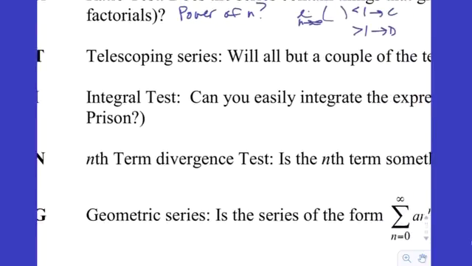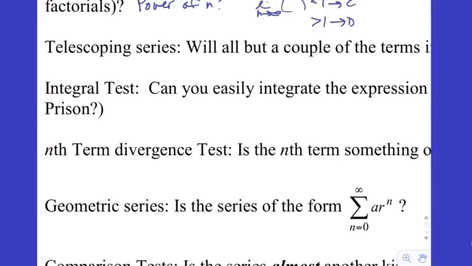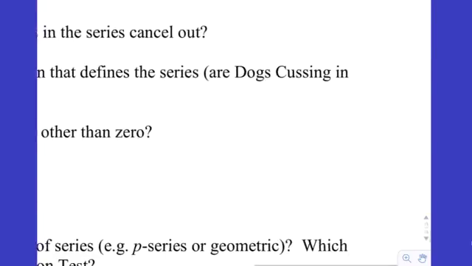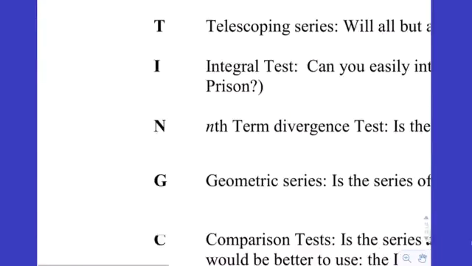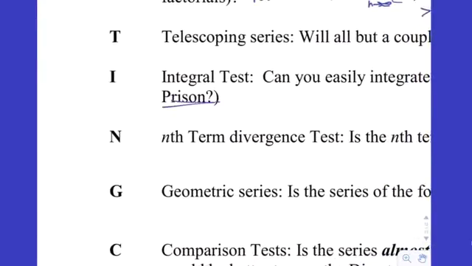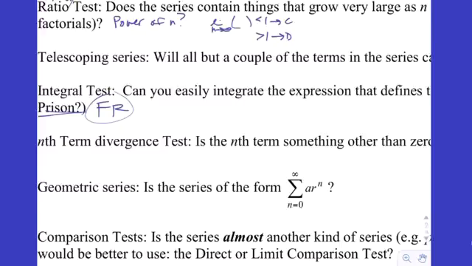The I is the integral test. If you look at the rule of the sequence, the nth term, is it something that you could easily integrate? And if so, are the conditions met? This one has shown up on free response questions because they're looking to see if you know that the function has to be decreasing, continuous, and positive.